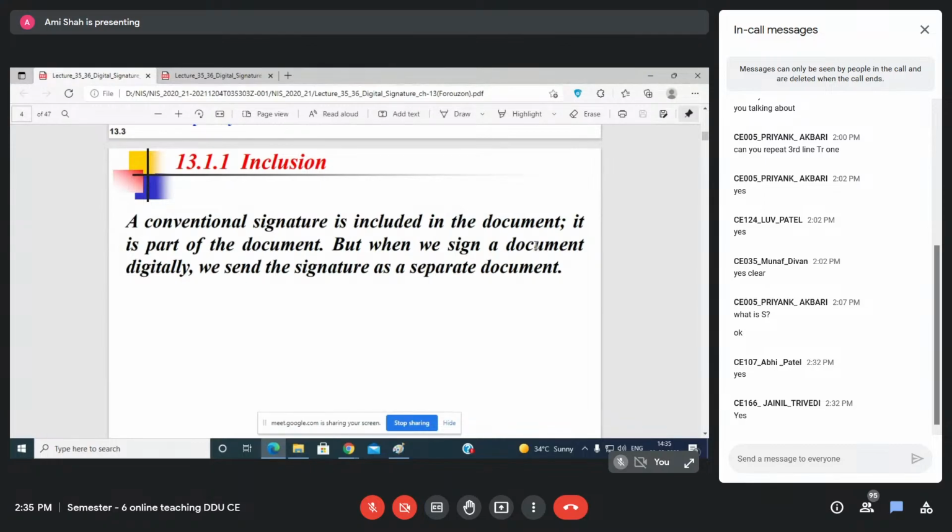So the sender sends two documents: one is the message and the other is the signature. On the receiver side, the recipient receives both documents and verifies that the signature belongs to the supposed sender. If this is proven, then the message is kept. Otherwise, the message is rejected. So this is the difference between conventional signature and digital signature.